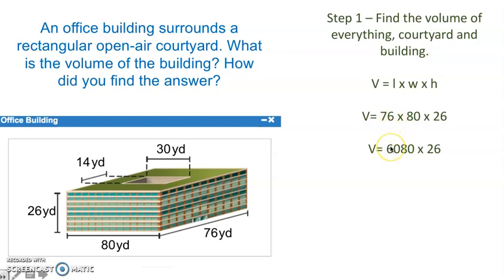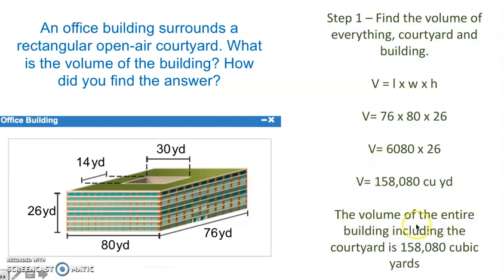The base of this building and the courtyard all together is going to be 6,080 square yards. I'm going to multiply that by 26 because that's the height of both the courtyard and the building. My final answer says that the entire building, including the courtyard, is 158,080 cubic yards.